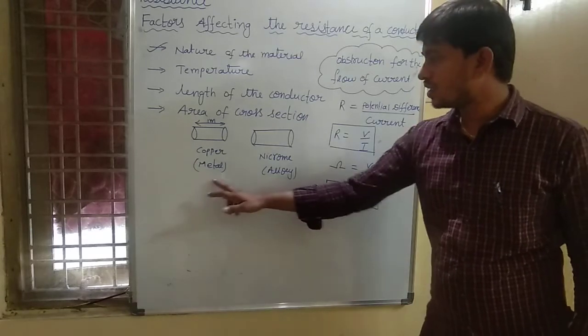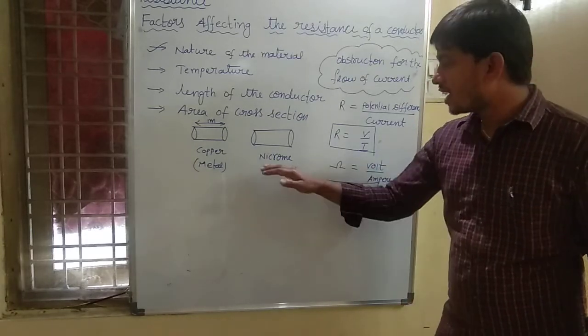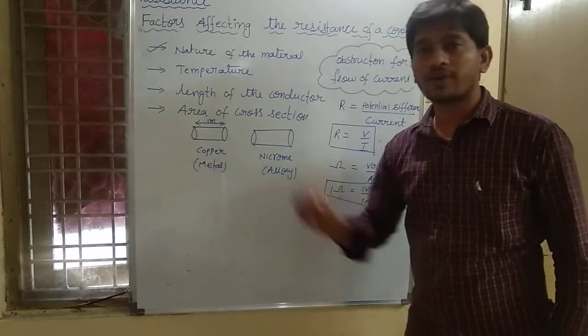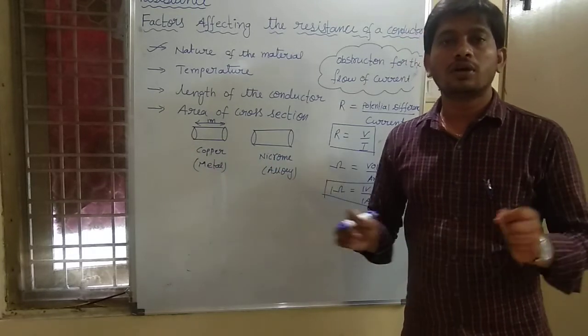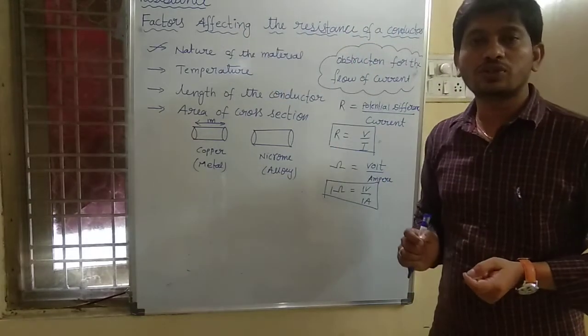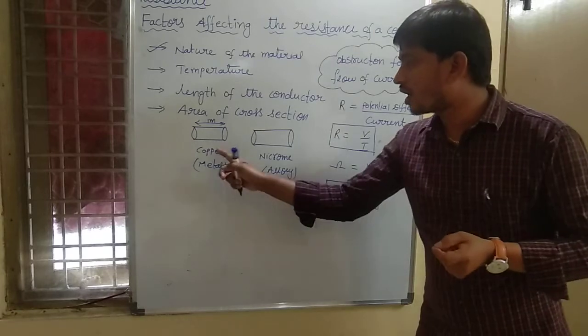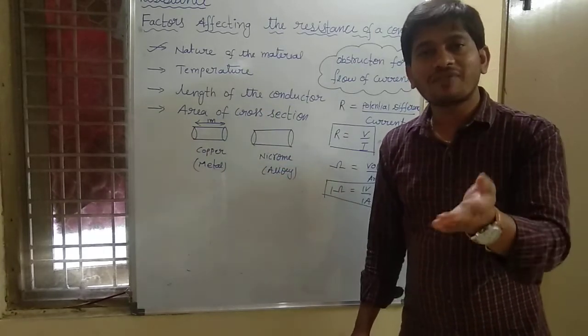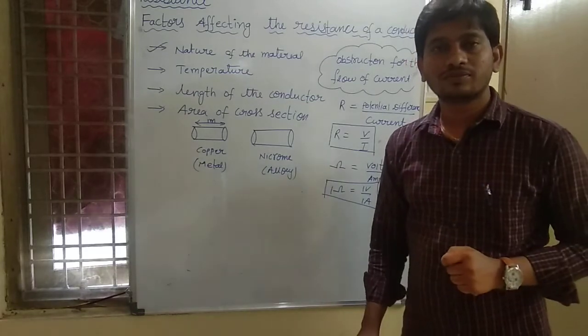Among these two materials, nichrome is more resistant. Why are we using copper wire in household circuits? Because copper is a good conductor of electricity.